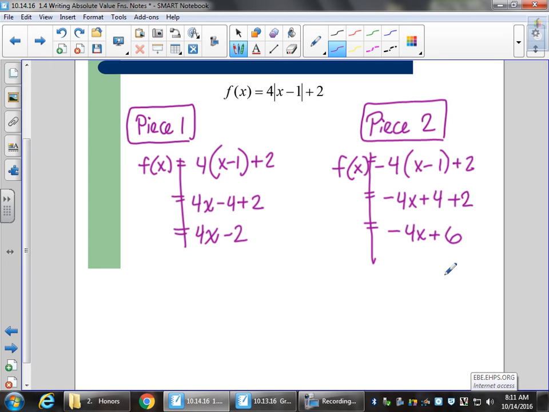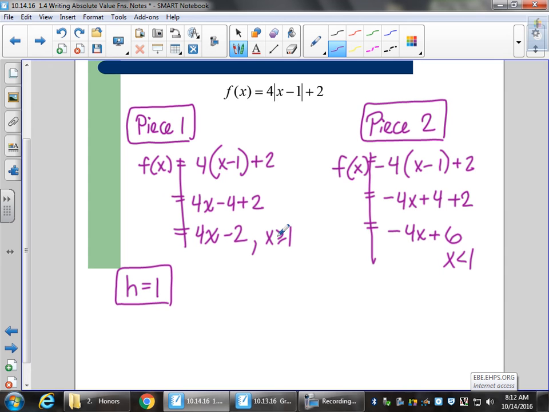Do we match for our pieces? What is H? Careful. H is 1. So when x is greater than or equal to 1 applies to the first piece, x less than 1 applies to the second. Again, this will always be the right ray.